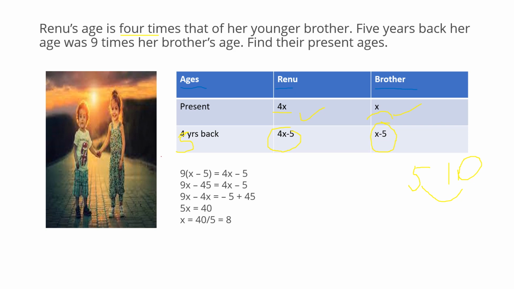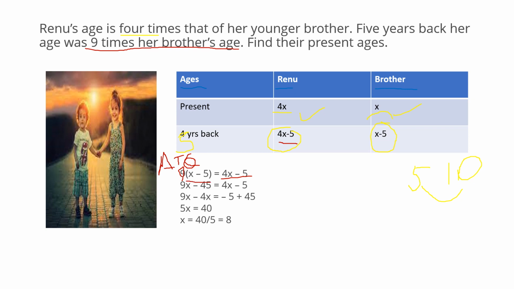Now what is given according to the question? According to the question, her age was 9 times her brother's age. So that means 4x minus 5, that is Renu's age, is 9 times her brother's age.